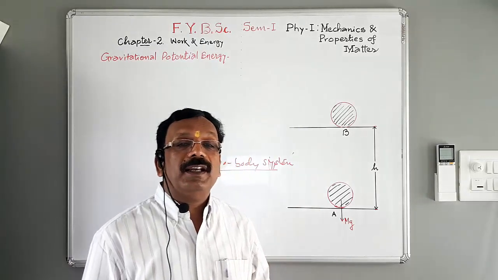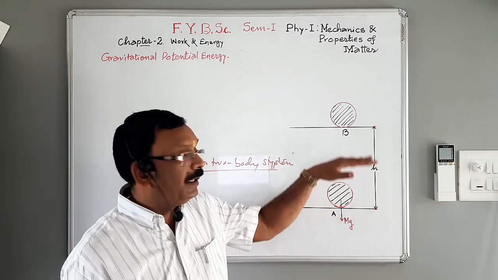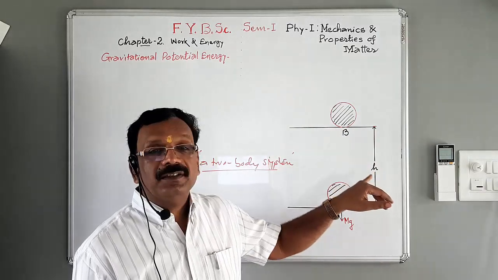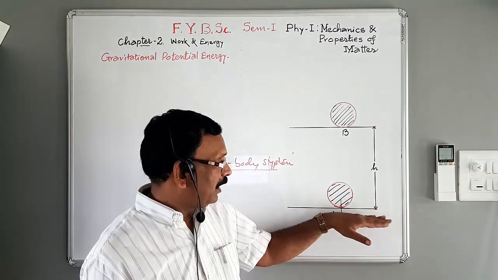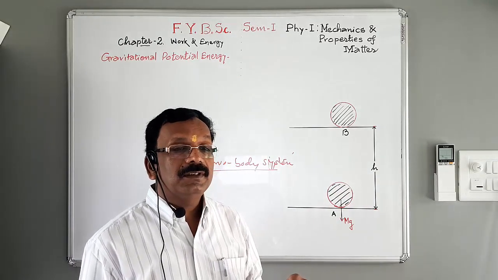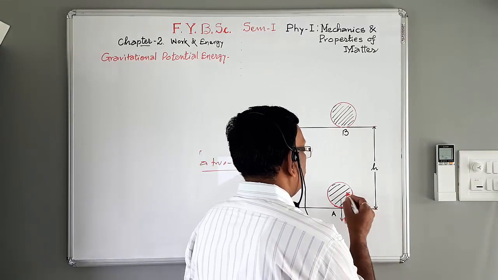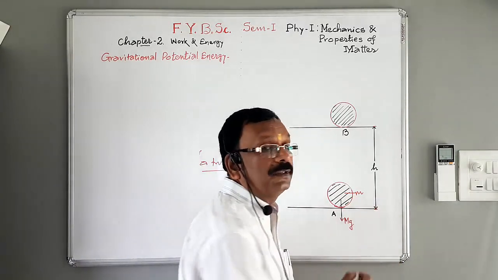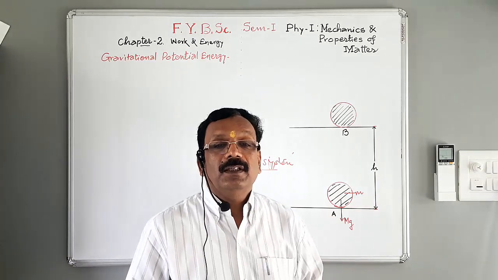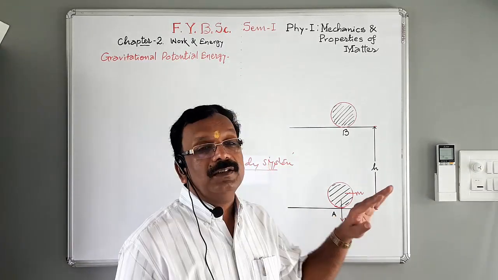Now, to calculate the gravitational potential energy of a body located at vertical height h above the surface of the earth, consider a body of mass m at point A on the surface of the earth.